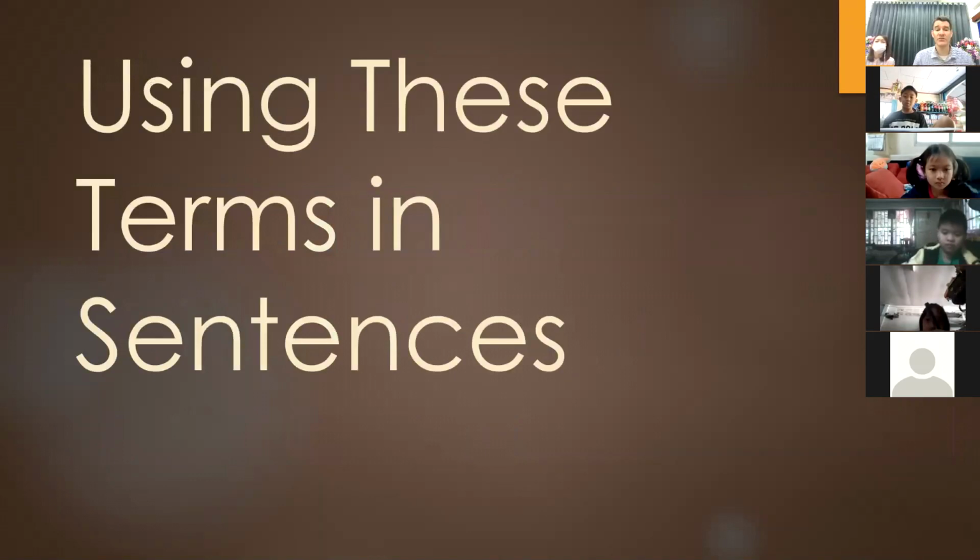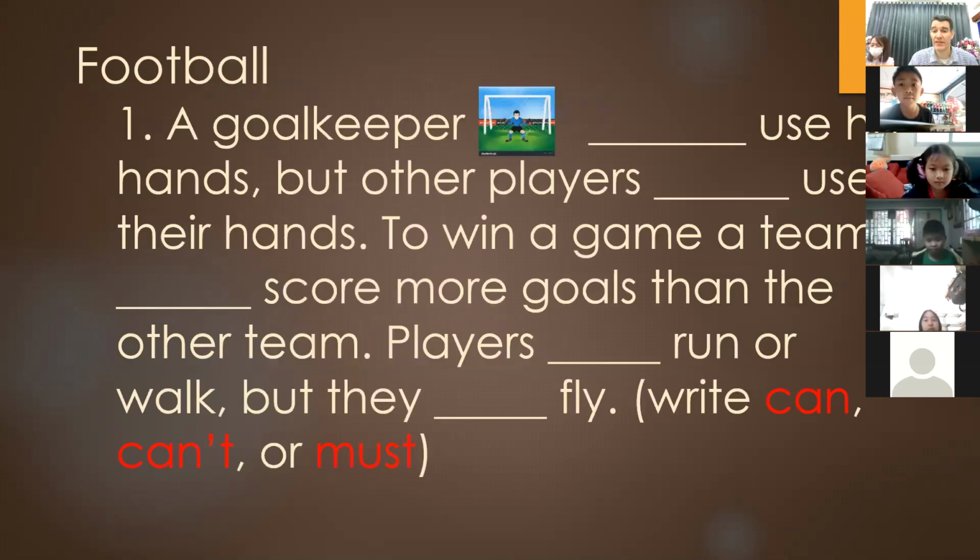So next, how to use these terms in sentences. How to use must, can't, and can. So here are some sentences. Try to fill in the blanks. So in football, the game is football.